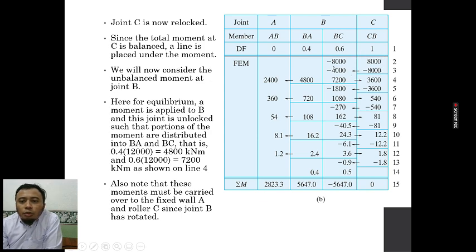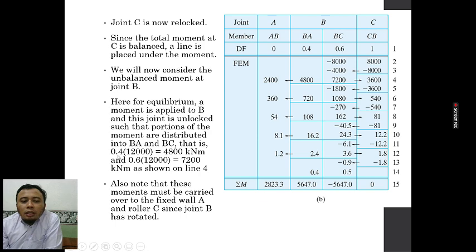Now we move on to joint B. As you can see here, we have negative 8,000 and negative 4,000. To sum it up, we get 12,000. Unlock it and apply the opposite moment. So you have 12,000, and you distribute to BA and BC by this distribution factor. You get 4,800 and 7,200.